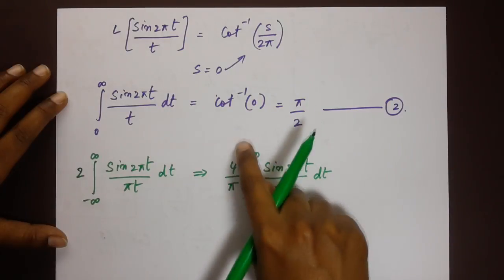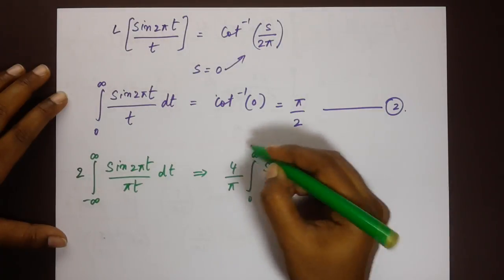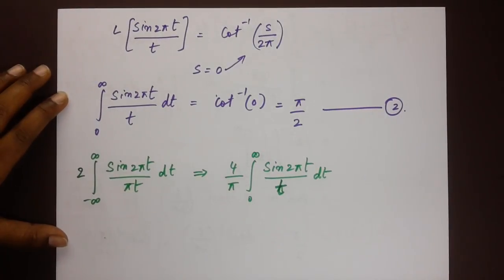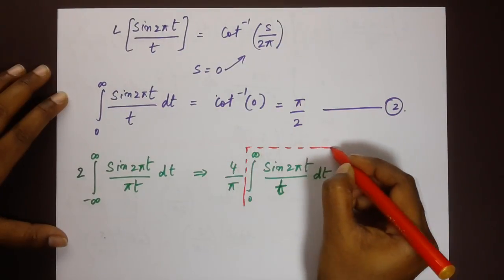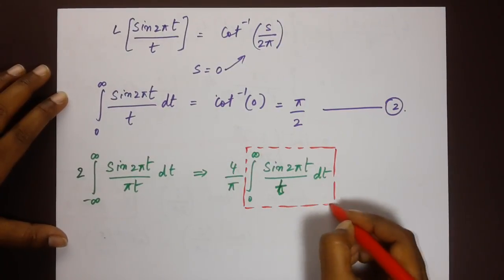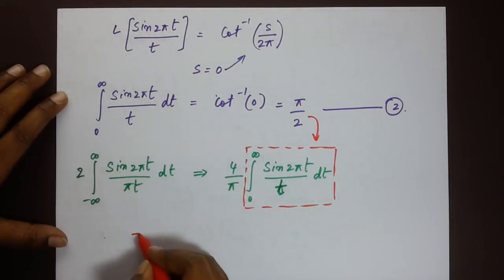Now the integral of sine 2 pi t by t dt is pi by 2, right? That's what we have just worked out. This entire part is pi by 2. So this is I, what we started out with.